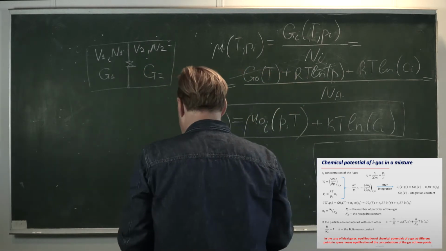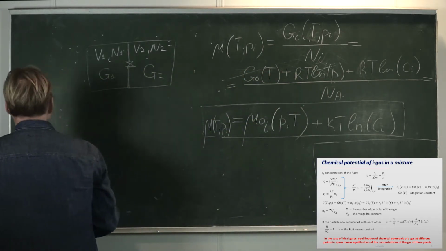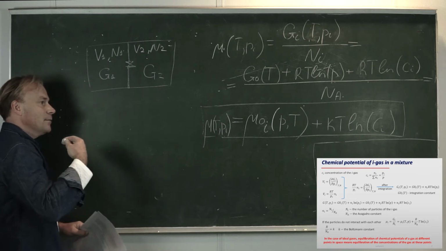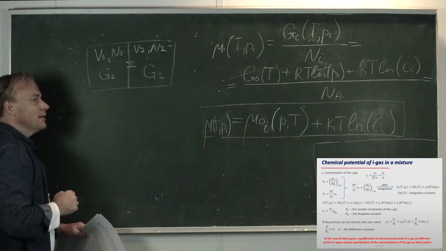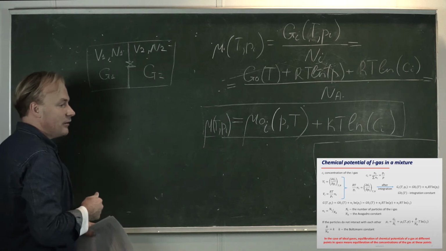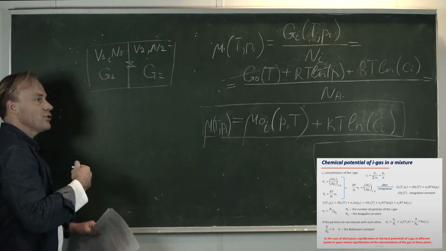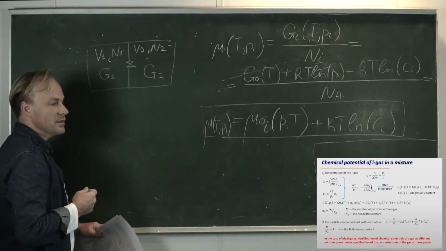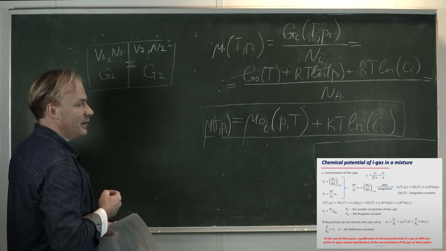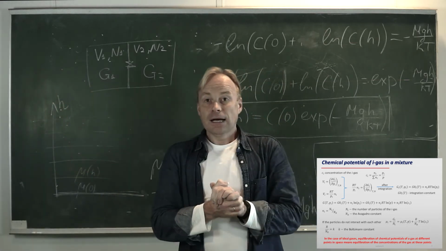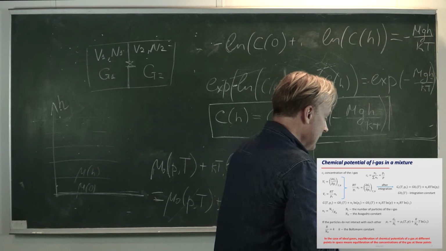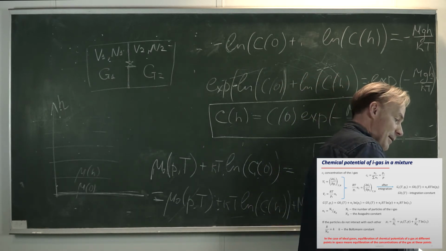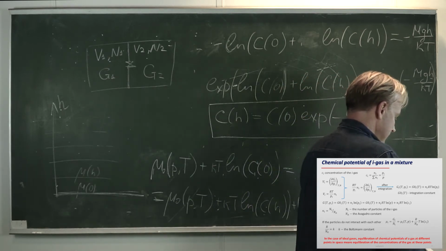And we also concluded that we can define the condition for equilibrium, which eventually stops the diffusion process, as the condition of equality of chemical potentials.